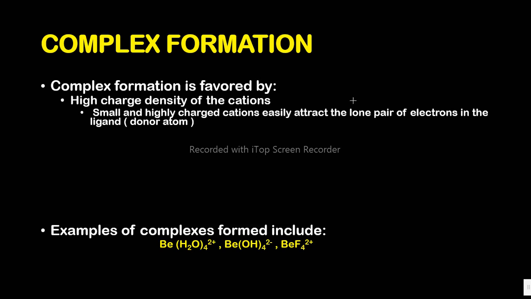For example, if you react beryllium with excess ammonia, NH3, the nitrogen having a lone pair, the beryllium must be able to attract this lone pair towards itself and hold the lone pair on itself.